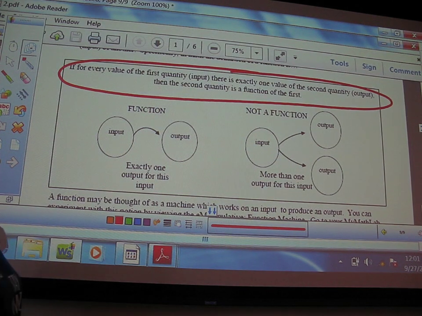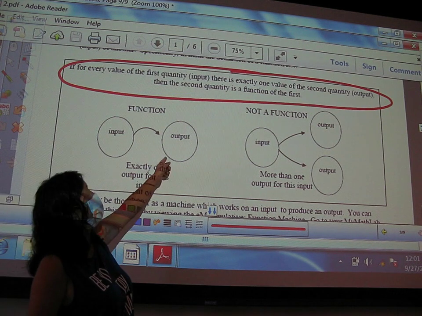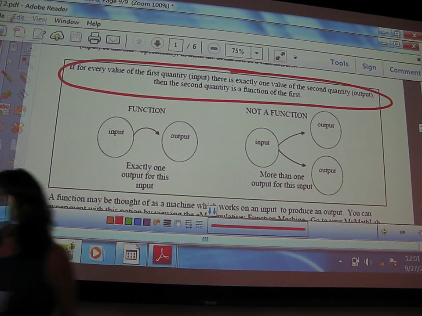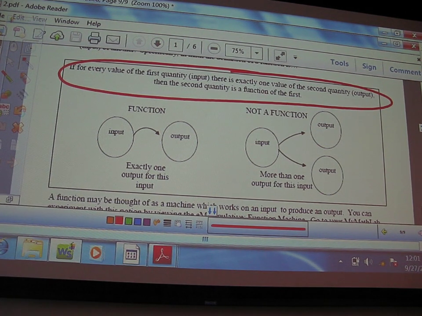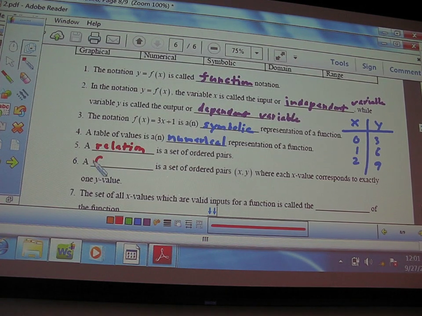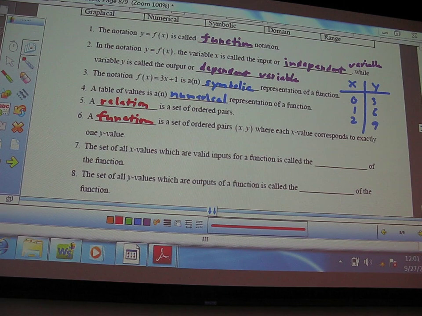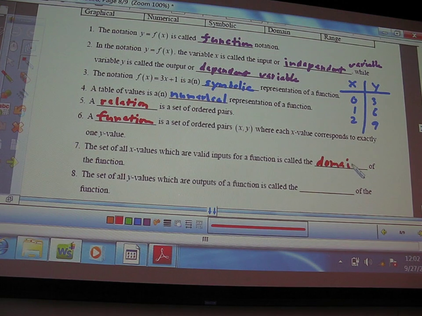In other words, if for every x there's only one y, it's a function. Good? The set of all x values which are valid inputs is called our what? Domain. Good. The set of all y values that are valid outputs of a function is our range. Nice. Good job, everybody. Okay. Everybody all right with this part?